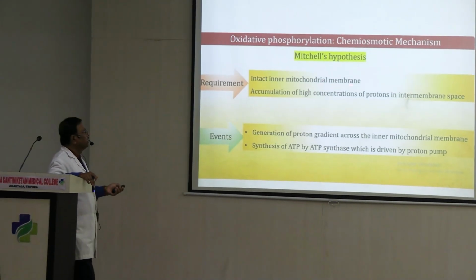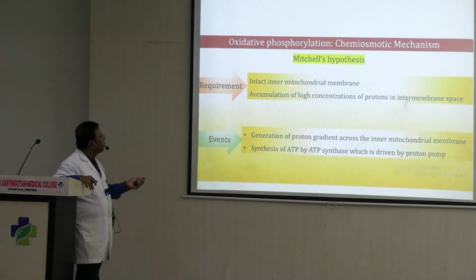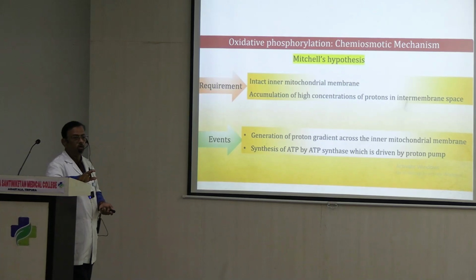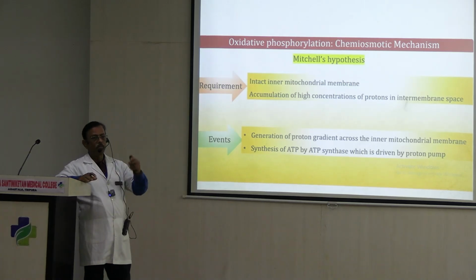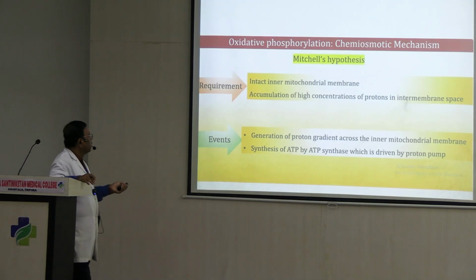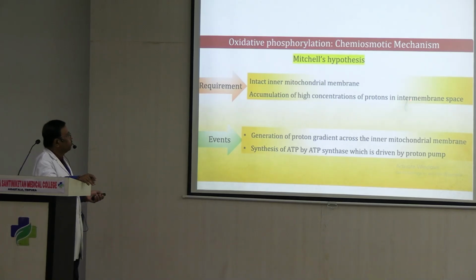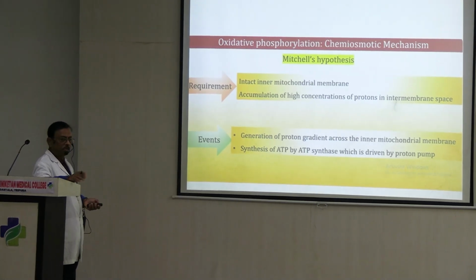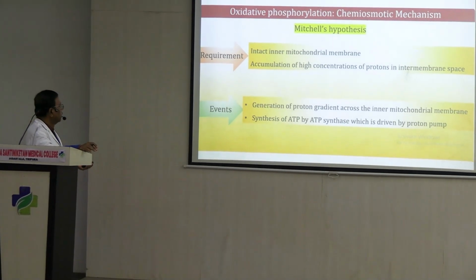There should be an intact mitochondrial membrane. If it is not intact, then the proton gradient will be dissipated. There will be no more protons for passing through complex 5 to generate ATP. Accumulation of a high concentration of protons in the intermembrane space is also required.